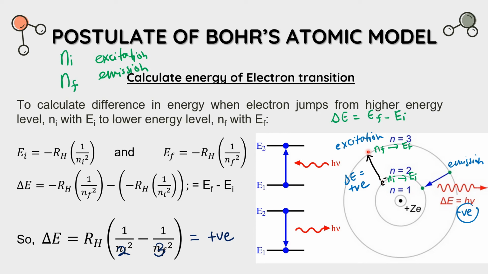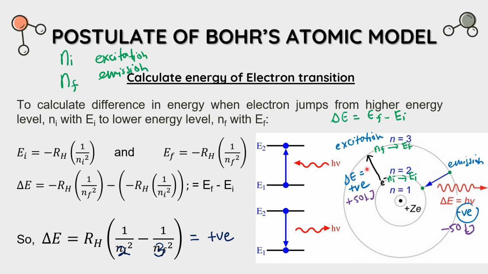In this example as well, we can see that since the electronic transition for excitation and emission involves the same energy levels, which is from N2 to N3 for excitation and N3 to N2 for emission, we should expect the magnitude value of delta E in excitation and emission to be the same. What I mean is the energy delta E for excitation may be 50 kilojoule, and in the emission, its delta E value will be negative 50 kilojoule.